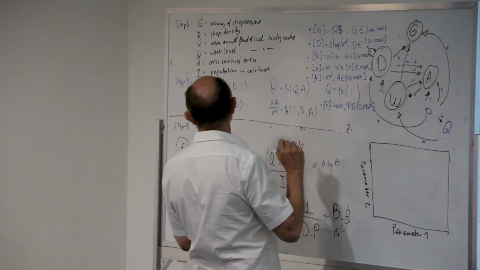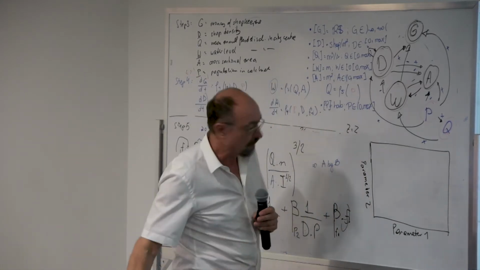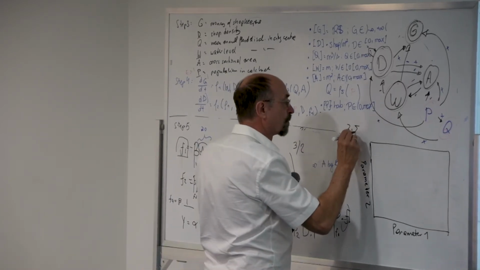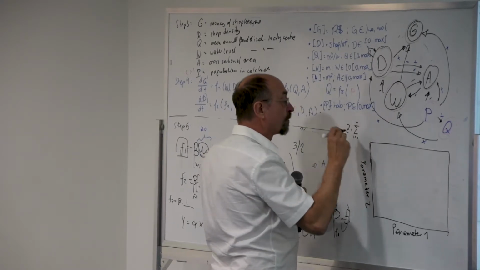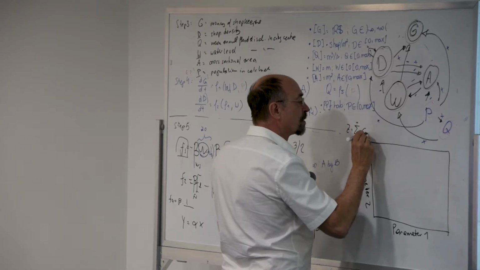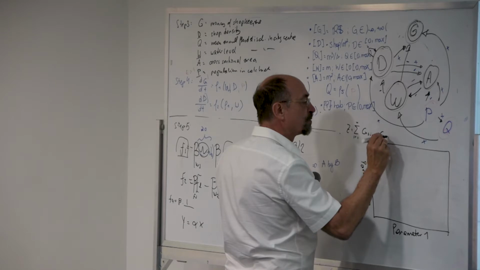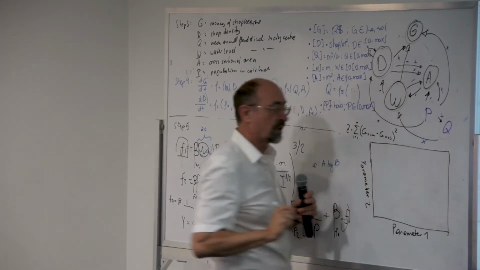Z is the sum over all time steps, i is 1 to n, of G simulated minus G observed, squared.